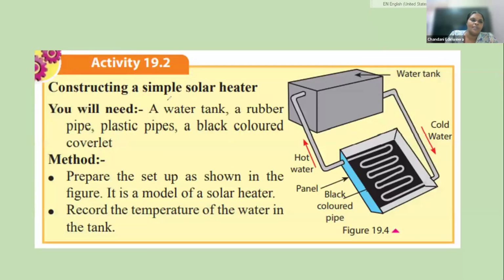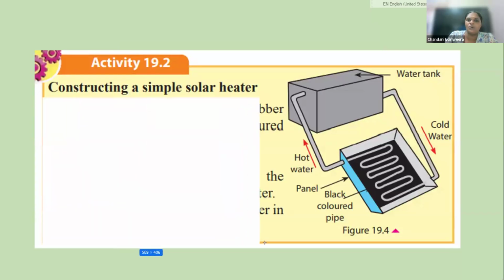Now, when we get the solar heater, look at this one. This is the simple solar heater. Last year also you learned the solar heater. Between last year's solar heater and this year's, only the structure has a very small difference, but it works the same way. They store the water in the tank.